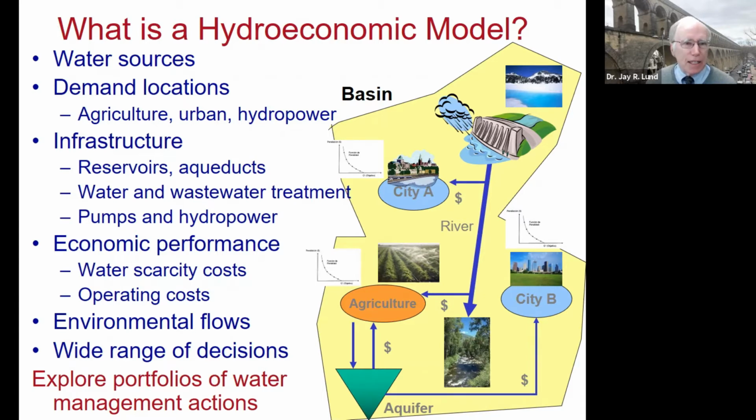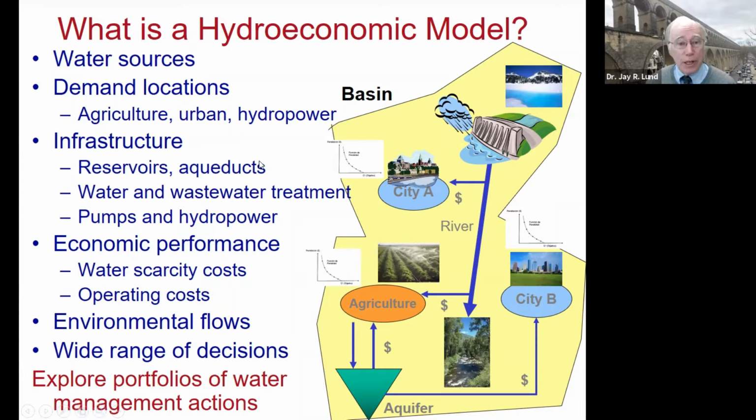A hydroeconomic model has several different components, and so to the right here is sort of a schematic of what a simple hydroeconomic model consists of. It consists of water sources, both surface water and groundwater, aquifers. It has water demands, hydropower, agriculture, urban uses scattered throughout the region.